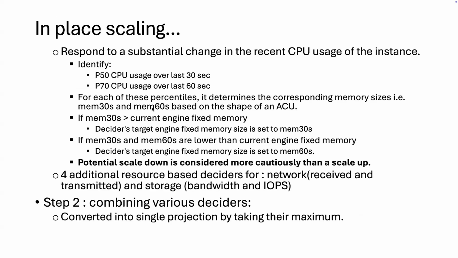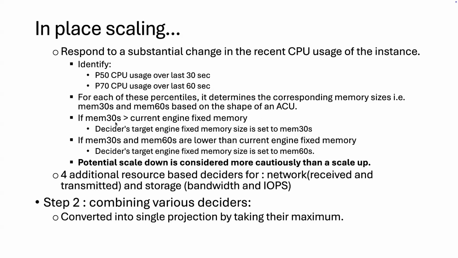Another thing for in-place scaling is they respond to substantial change in recent CPU usage of the instance. They identify P50 CPU usage for the last 30 seconds and P70 CPU usage for the last 60 seconds. Once we have these two percentile numbers, we determine the corresponding memory sizes, mem 30 second and mem 60 second, based on the shape of an ACU.